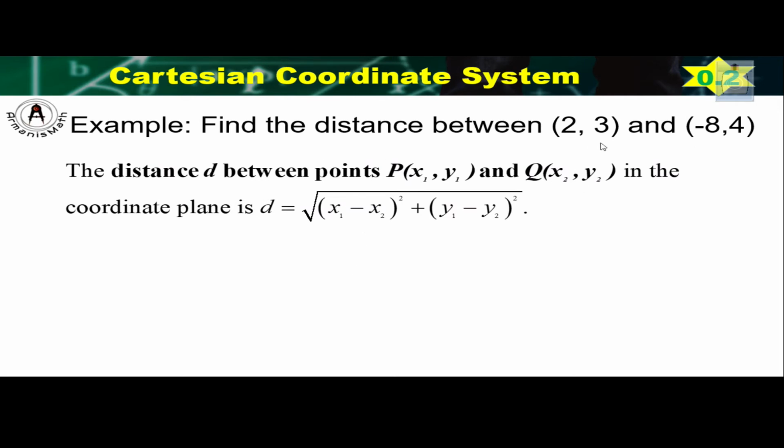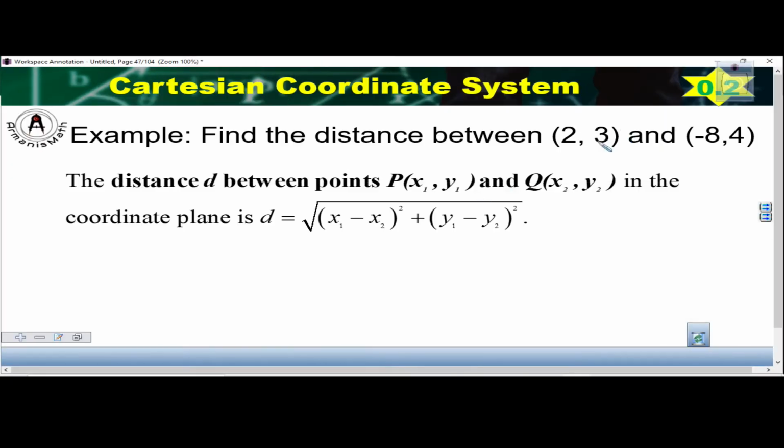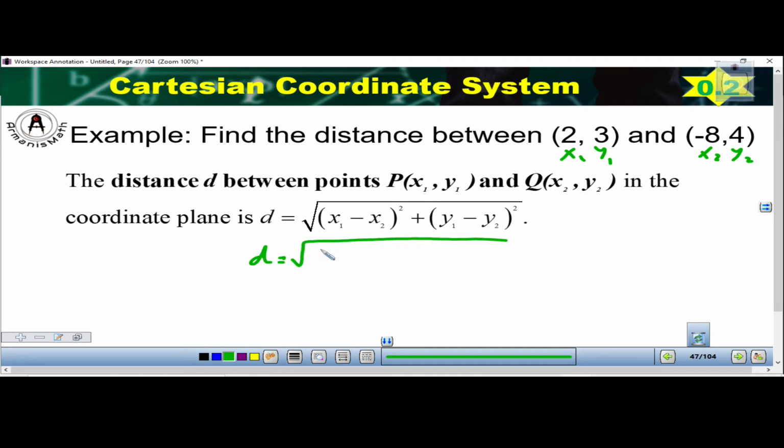So let's take a look at an example here. Find the distance between 2, 3 and negative 8, 4. So once again, I'm just going to label my points, x1, y1, x2, y2. And I'm going to use the distance formula here. So distance equals, I have x1, which is 2, minus negative 8.